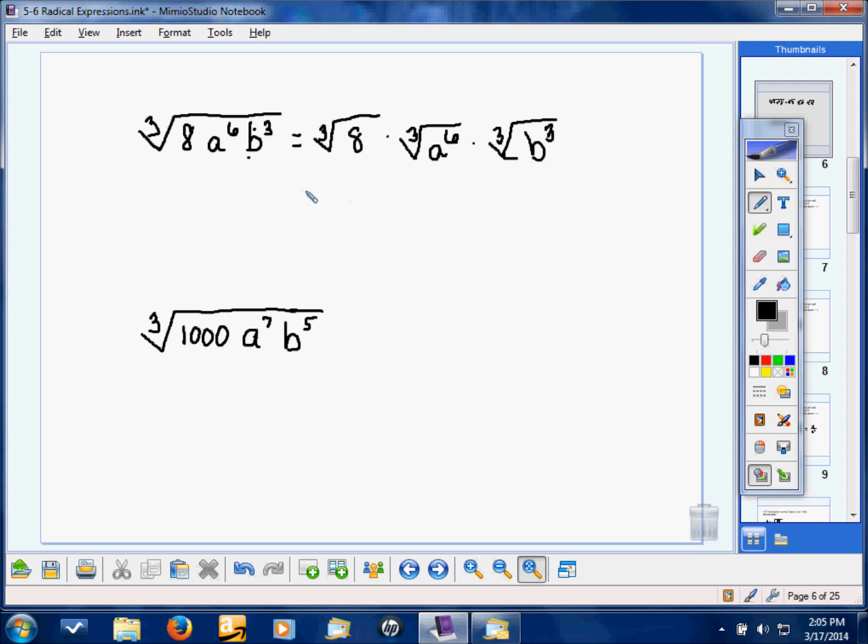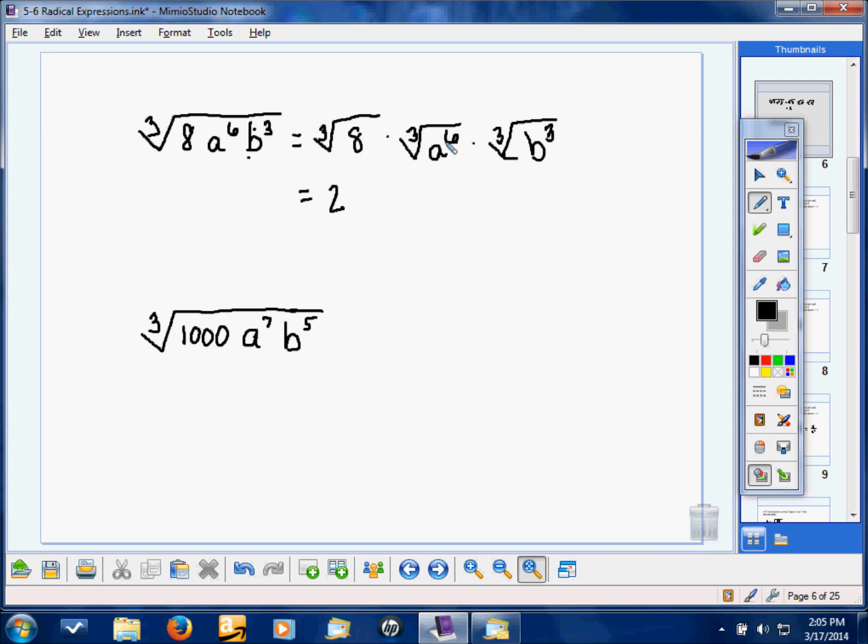Cube root of 8. What number times itself times itself gives you 8? 2. And your calculator can help you with that. Now, so far we've done nice ones that come out even. I'm going to fix that in a little while and tell you what to do when they don't. The cube root of a to the 6th. Who remembers, what do you do with these exponents?